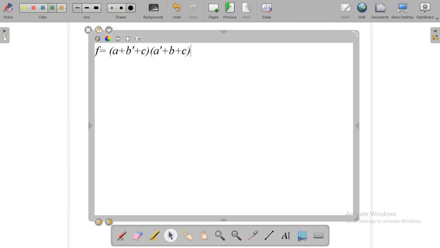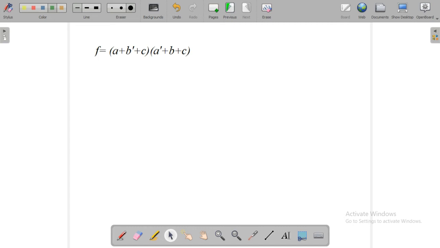So the next one, F equal to A plus B dash plus C into A dash plus B plus C, that you know. Easily you can identify A plus B dash plus C is one max term, capital M, and A dash plus B plus C is another max term. So we are getting the product of max terms, that means product of sums.